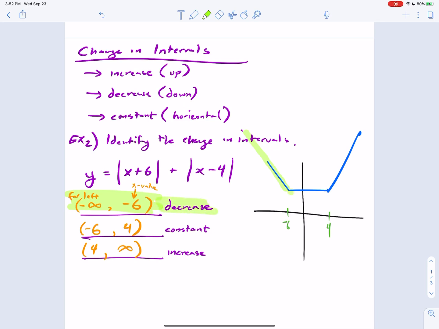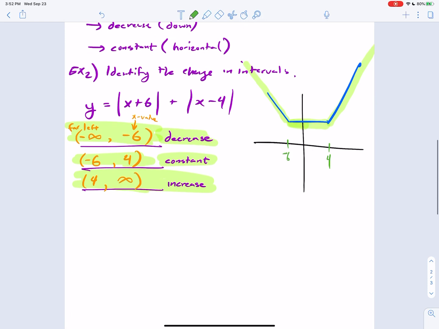From negative 6 to positive 4, it was remaining constant. And from 4 all the way to infinity, that graph kept on increasing. So this is just a way for you to describe the behavior of the graph. Hopefully that was a little straightforward.